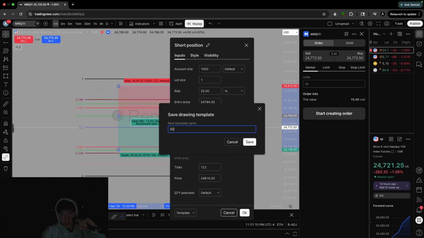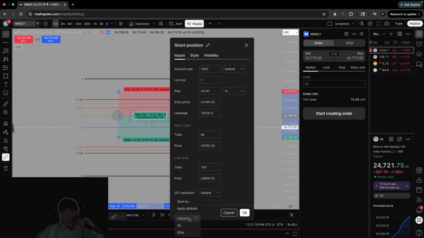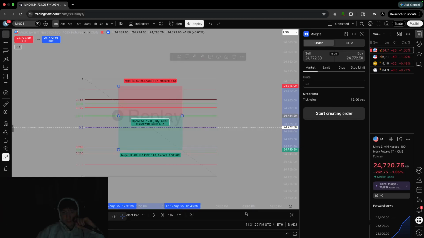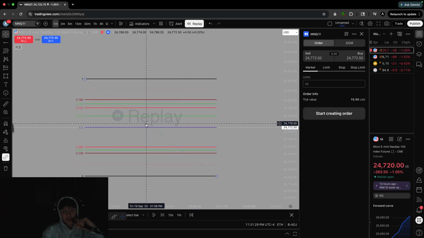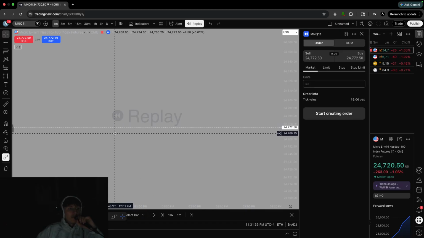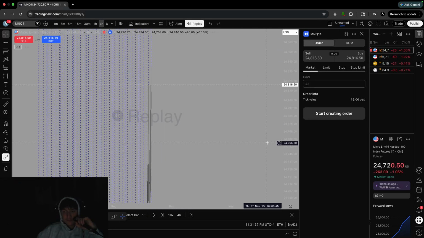Say that's 30. All right, then I got a 30 stop loss. And we have the Fibonacci tool. So far, this is looking good.